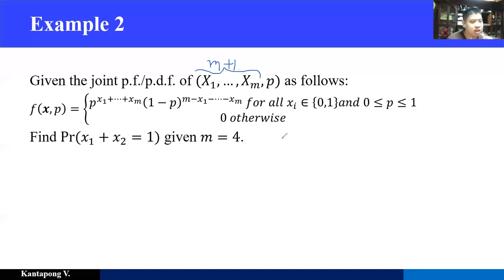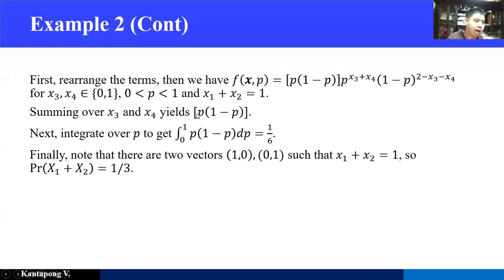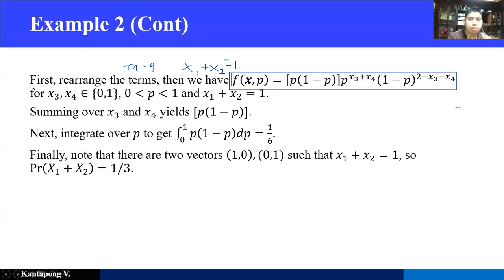We wish we knew p, similar to what we have discussed. Because the problem says that m is equal to 4 and x1 plus x2 equals 1, we plug in and rearrange into this expression.